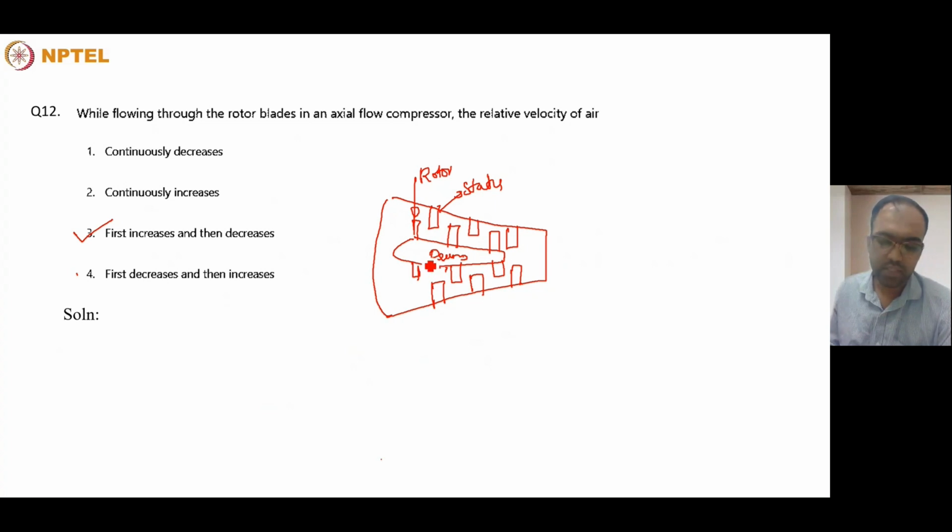So as air passes through the diverging passages between the rotor blades, its relative velocity first increases, and then decreases.